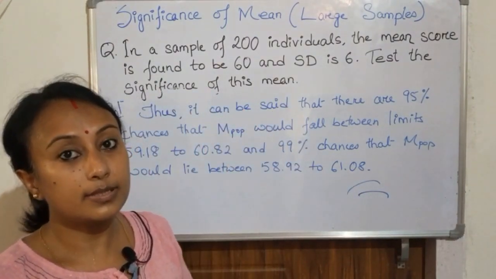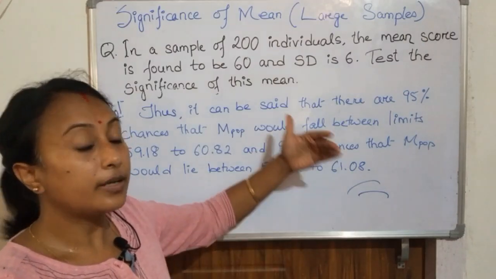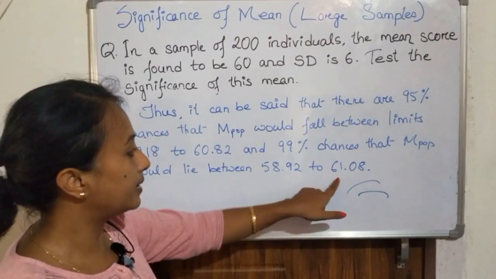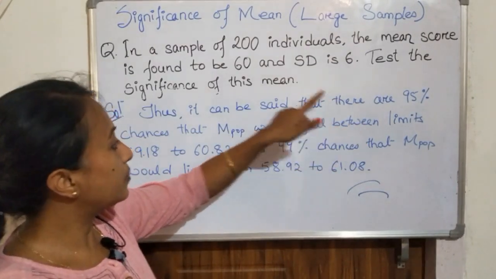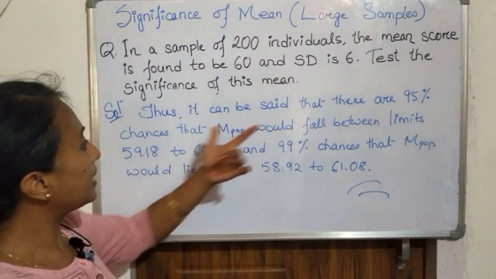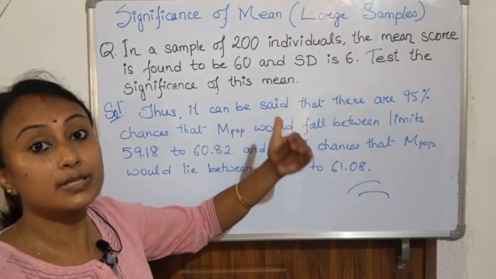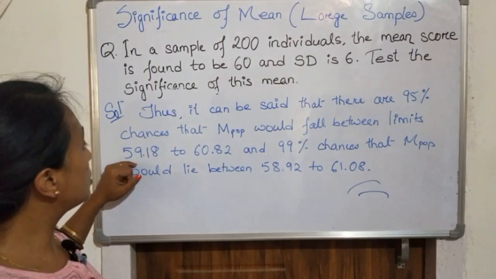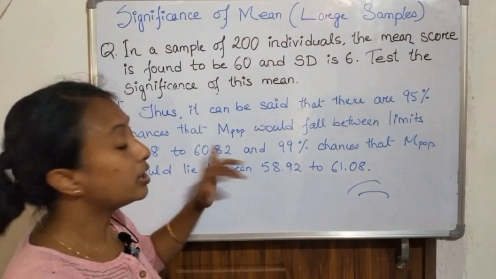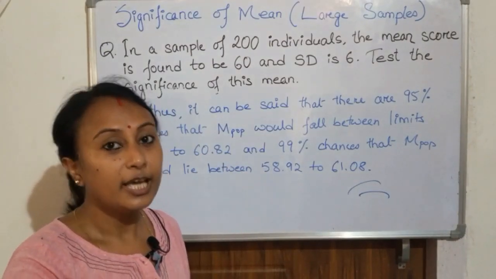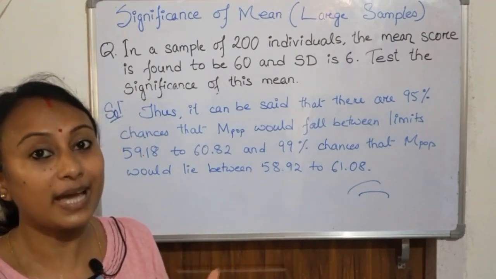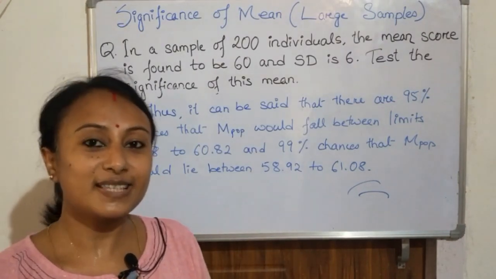We are 99% sure that the mean of population would lie between this and that, and at 95% we are 95% confident that the mean of population would lie between 59.18 and 60.82. This is all about how to test the significance of mean at two particular confidence intervals.